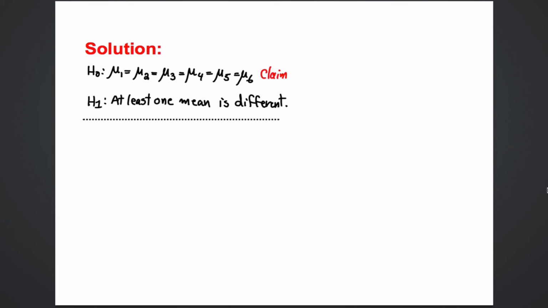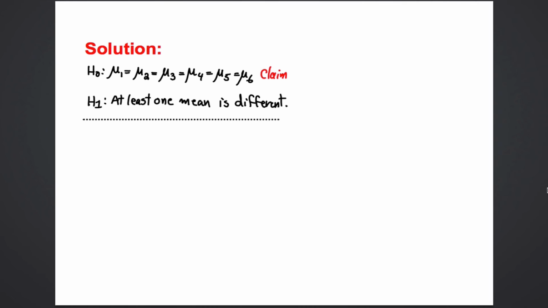That's the claim. And the alternative hypothesis would be that at least one of the means is different from the rest. Again, ANOVA does not tell us which mean is different. It only tells us whether all the means are equal, or at least one mean is different from the rest.